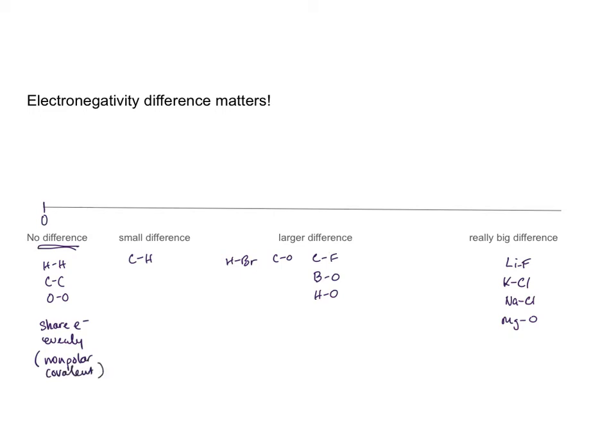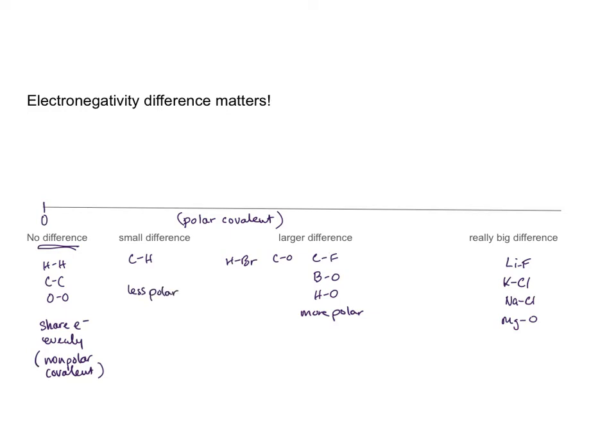Okay? If there's a small difference in the electronegativities of the elements, then we're probably going to have a sharing, but it will be an uneven sharing, or a polar covalent bond. As the difference increases, the bond becomes more polar, and as the difference is less, the bond is less polar.